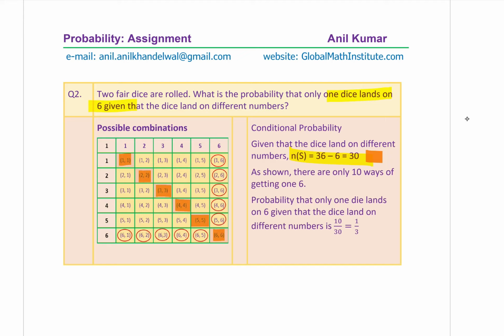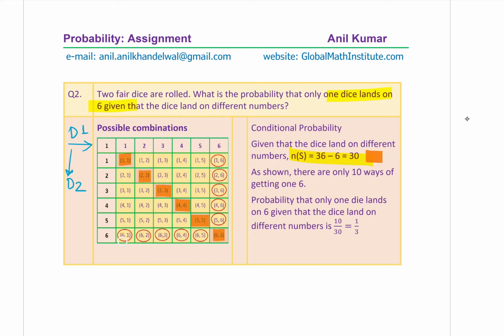In the matrix shown here, we have die 1 in one direction and the second die in the other direction. When you have these two dice, the numbers are recorded. So we have 30 different outcomes, out of which those which have a 6 are highlighted here in circles.